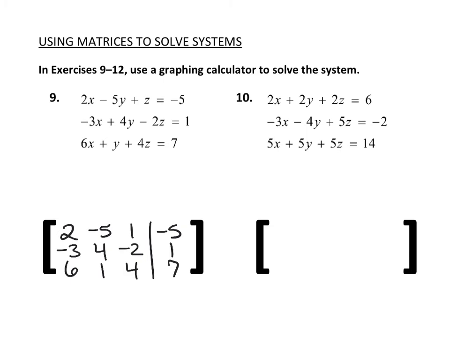After I've typed it all in, I need to just get off of this screen. So I want to quit this screen. Where was the quit button? Above mode. I press second and mode so I go back to the regular home screen. I thought we put second and what? Mode. Yes.